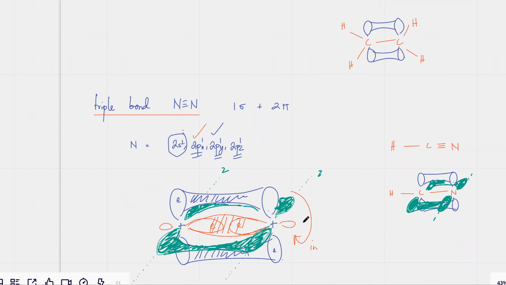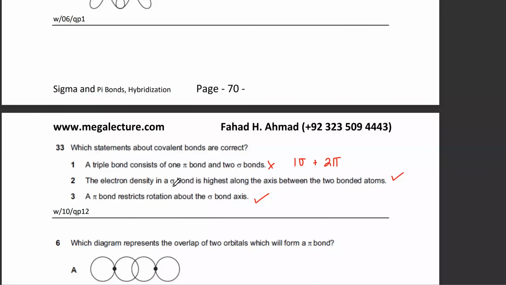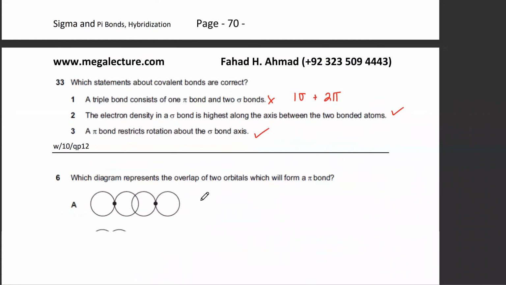So that's not going to happen. Over here, the bonds are kind of locked in place. So independent rotation is not possible. So the answer, a pi bond restricts rotation, that is also true.